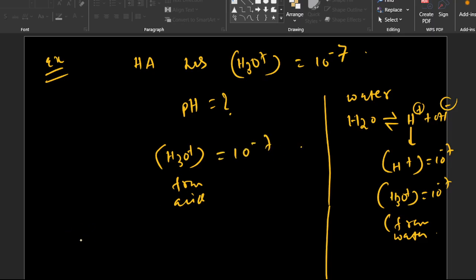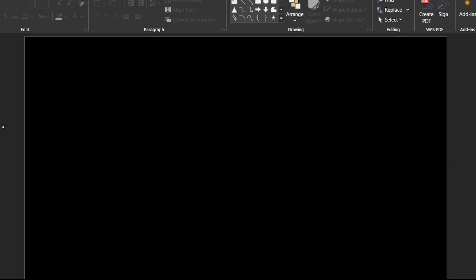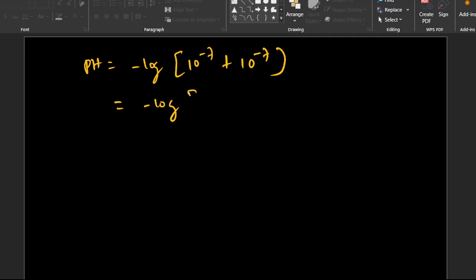So for this case the pH will combine the H plus concentration from the acid and from water. So pH equal to minus log of this value plus this value, that is 10 raised to minus 7 plus 10 raised to minus 7. So pH equal to minus log of 2 into 10 raised to minus 7.